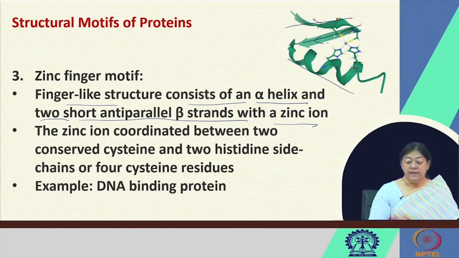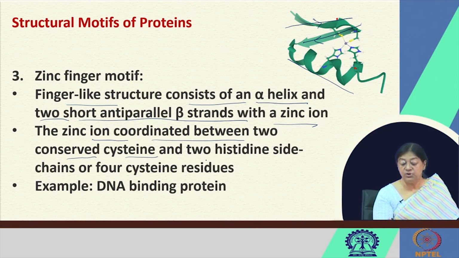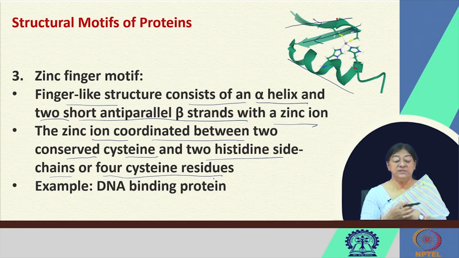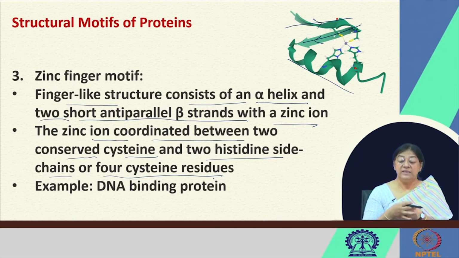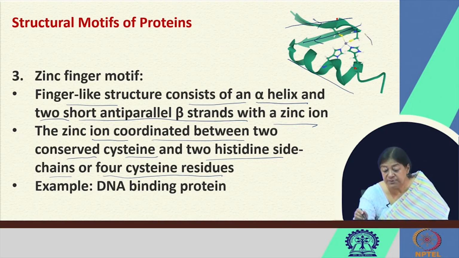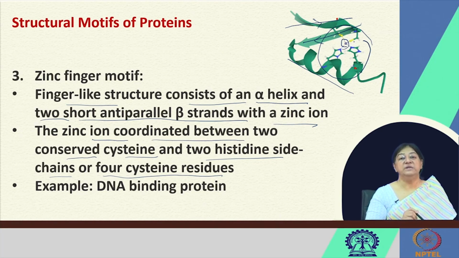The zinc ion there is coordinated between 2 conserved cysteine and 2 histidine side chains, or 4 cysteine residues. So, this, as we can see, is a very unique combination of residues that are required. This particular scaffold is required to hold the zinc ion in place.